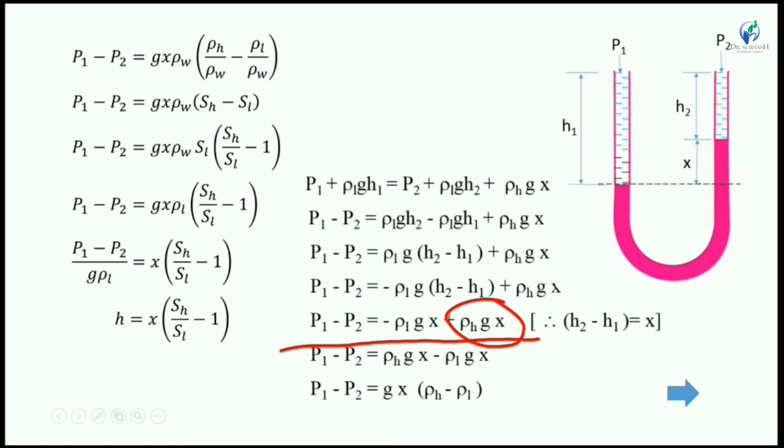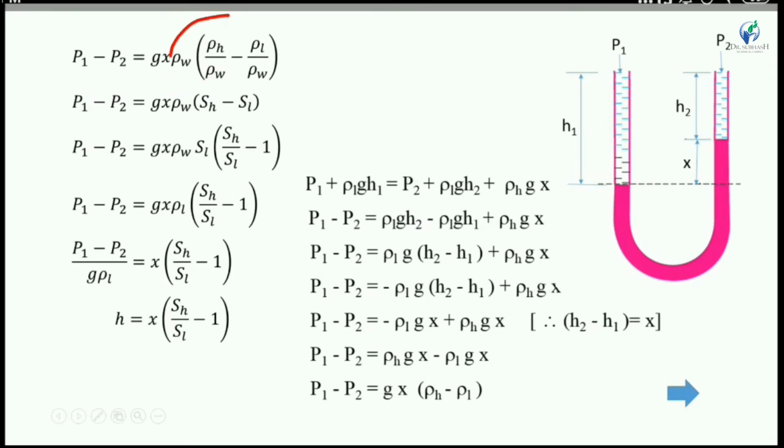Now rearrange the equation and take g x common. Now on the right side of the equation we multiply and divide by the density of water.